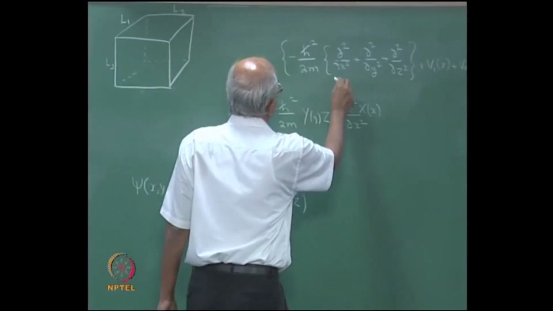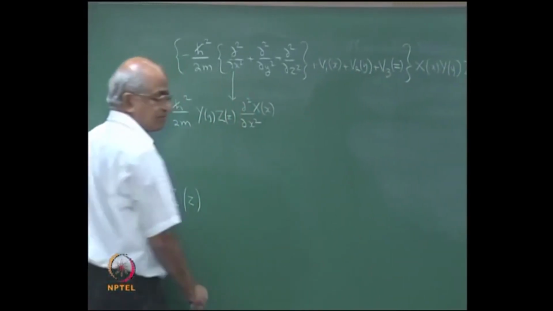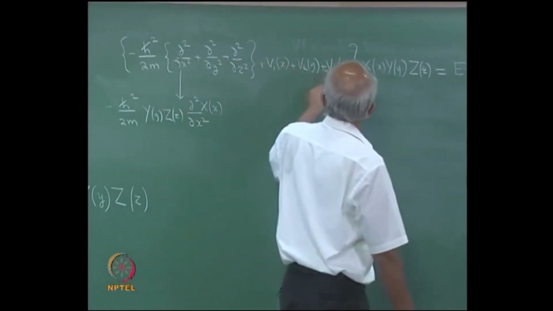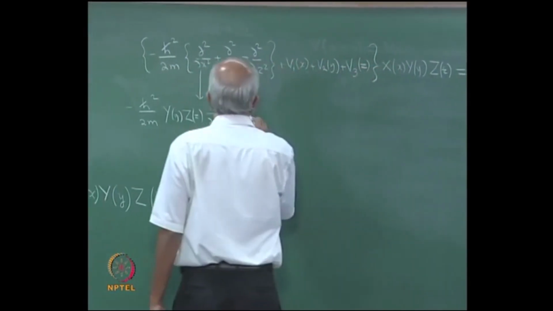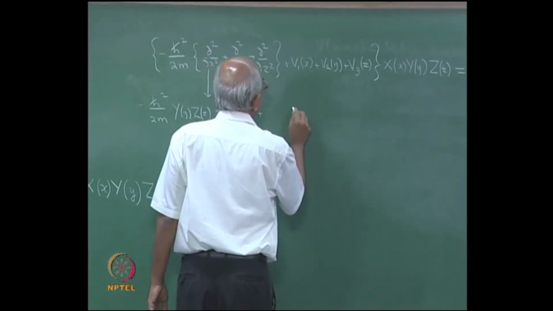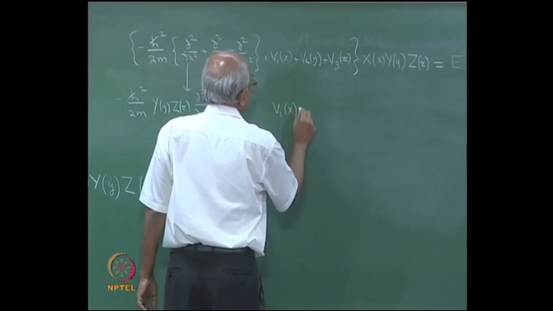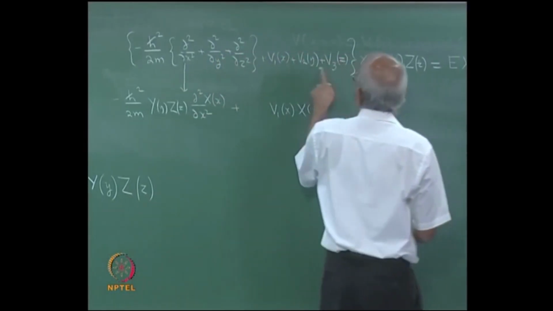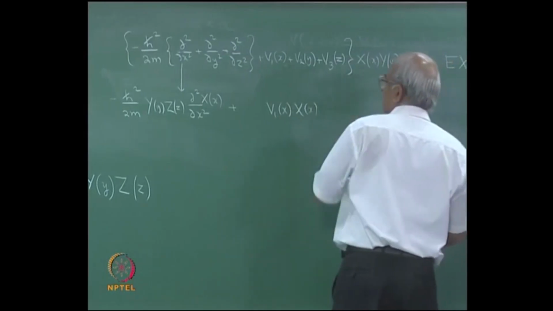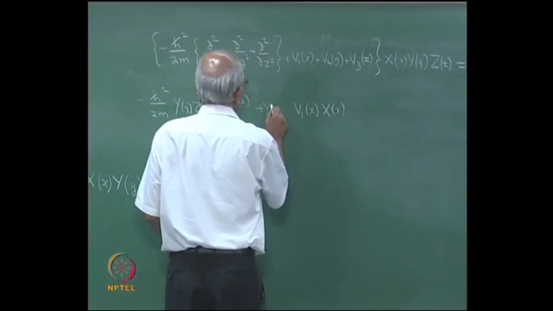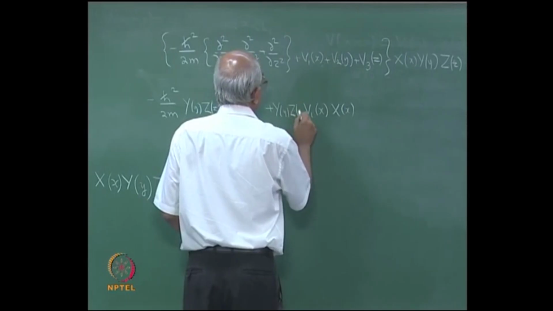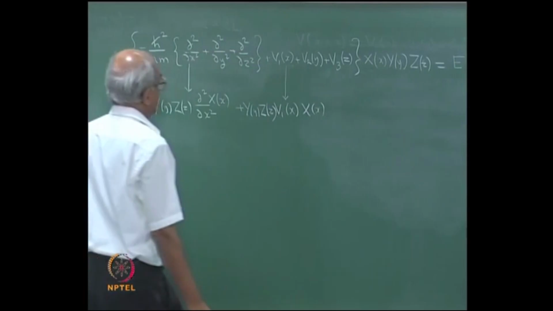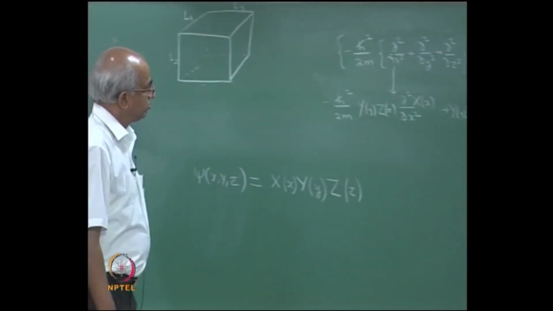So this term is giving me that. Then there is also a term V1 of x multiplying capital X, capital Y, capital Z. V1 of x is multiplying all the three, so I would have capital Y of y, capital Z of z. So this term is coming from this one, right.